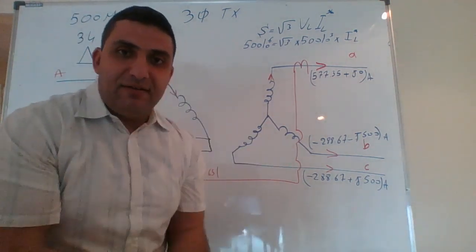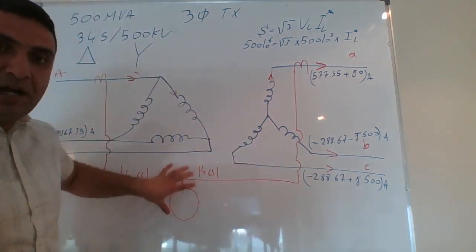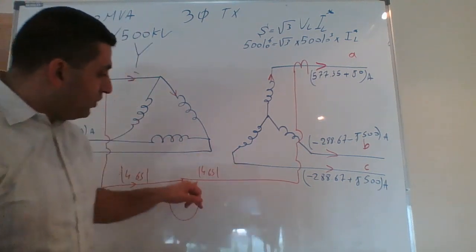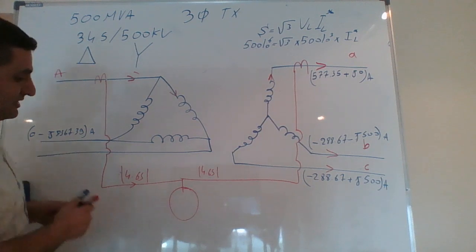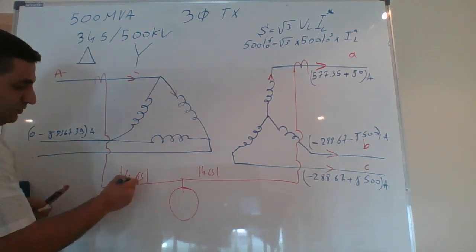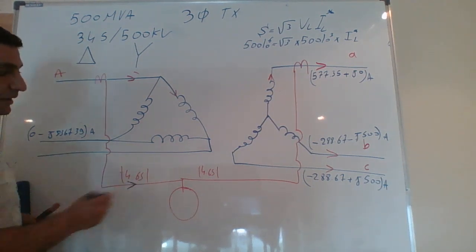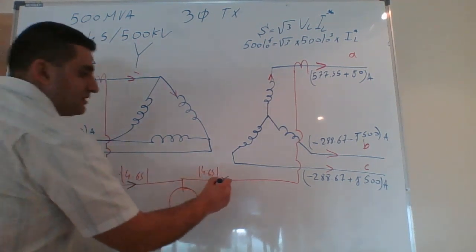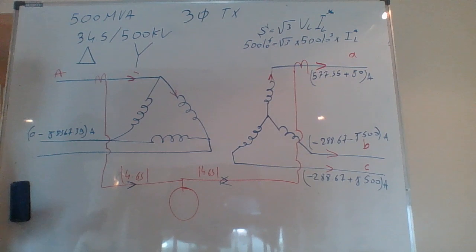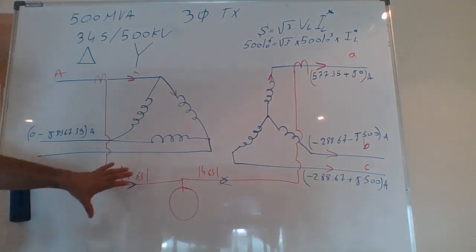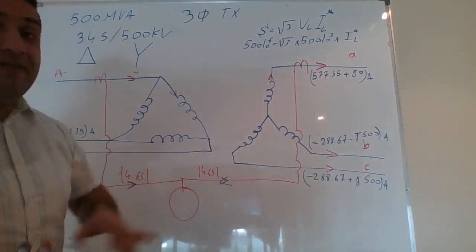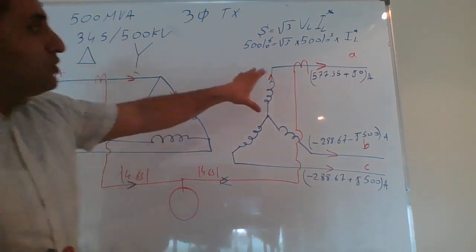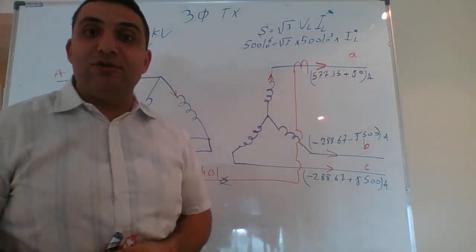I'm aiming to design a system where I have a differential of 0 under normal operation. So what I do now is this magnitude of the current must be designed to be the same as this magnitude or this magnitude, depending on your direction, whichever you choose. Now, this 4.65 amps, because we agreed this system is connected into delta.